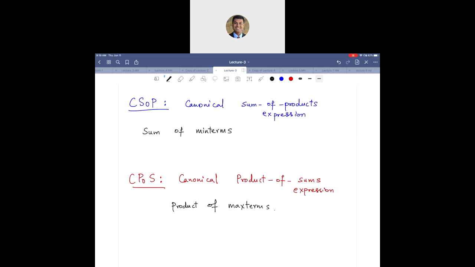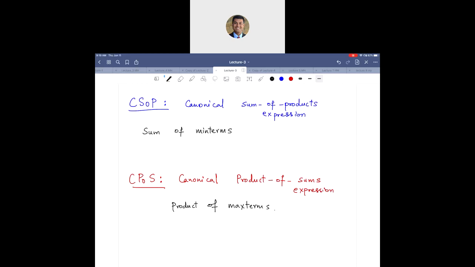We have defined minterms earlier. We have defined maxterms earlier. We know what sum is. It is a simple OR operation. We know what a product is. It's an AND operation. So a sum of minterms is a canonical sum of products expression, and a product of maxterms is a canonical product of sums expression.